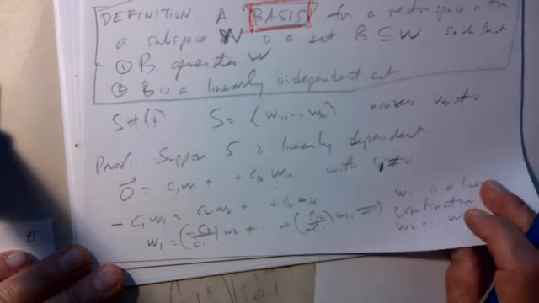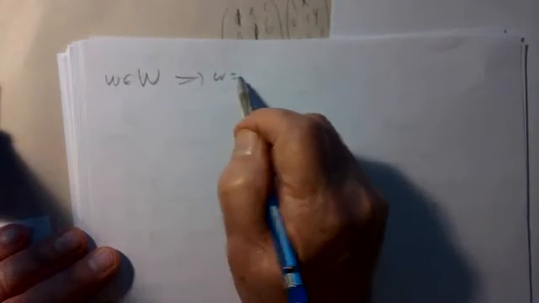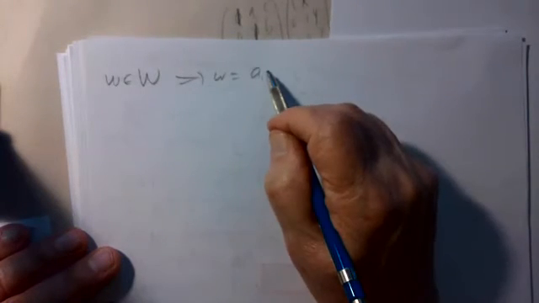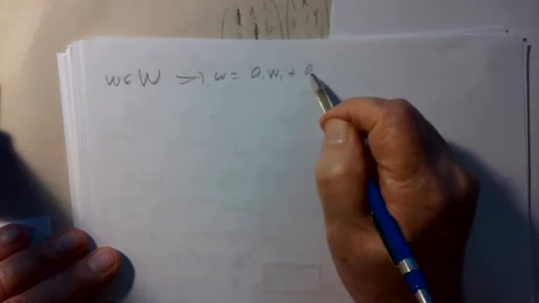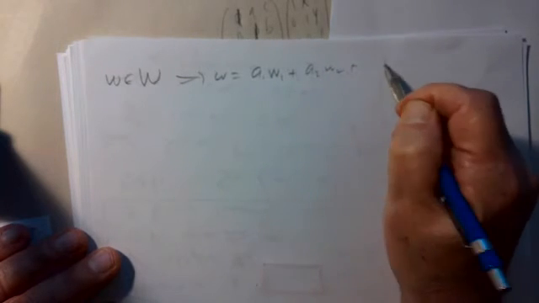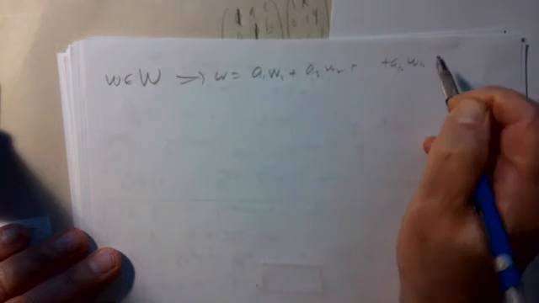But what that tells me is the following. We know that every vector in W is some linear combination A1W1 plus A2W2 up to AKWK.